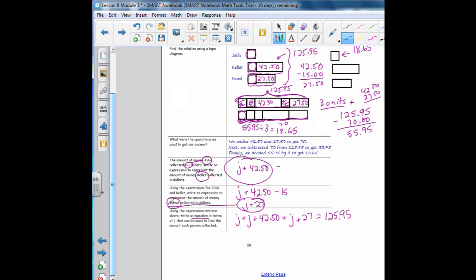Notice that these are expressions. They do not have equal signs, but they represent how much money the people collected. And once you know the total that they collected, you can write the equation. So we have each single person, what they collected, and it adds up, and it equals $125.95. So while this is just an expression, once you add the equal sign and the amount that it's equal to, now it is an equation.